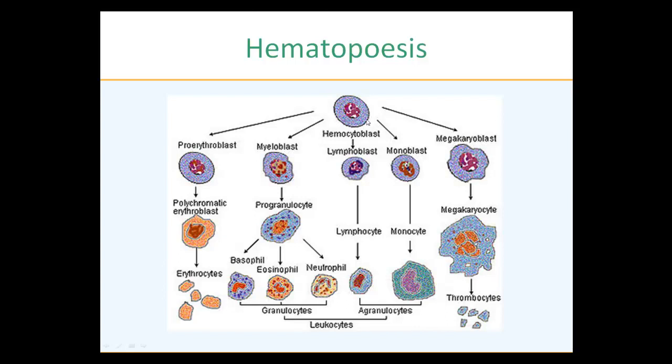And that stem cell in the red bone marrow will be committed to one of those paths to become an erythrocyte, which is your red blood cell, or a myeloblast, which will give rise later on to basophil, eosinophil, and neutrophil, or it will be committed to a lymphoblast, which will give you the B and T lymphocytes, a monoblast, which will give rise to a monocyte, or a megakaryoblast, which will become a megakaryocyte and will give rise to your platelets as fragments that will come out from the megakaryocytes, as you will see during our presentation.